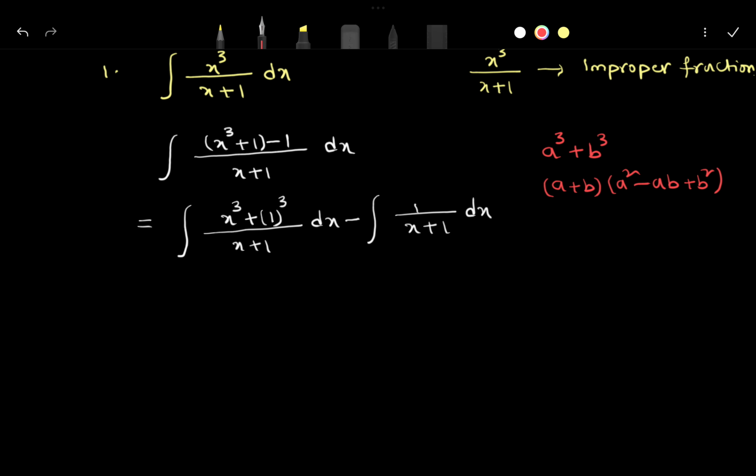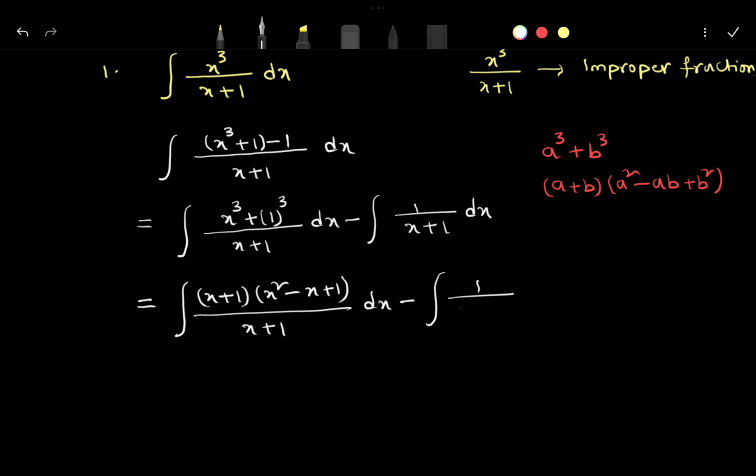By using this formula, we can write this as the integration of x plus 1 into x square minus x plus 1, whole divided by x plus 1, into dx, minus the integration of 1 by x plus 1 into dx. Now here, x plus 1 and x plus 1 will be cancelled.